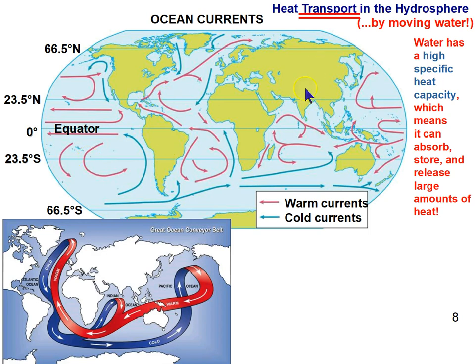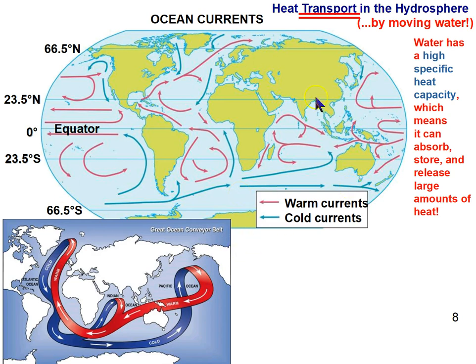And in the case of heat transport around the globe, the water in warm regions, like along the equator, can absorb a lot of heat energy, and then as it flows through currents, it transports that heat energy and then releases that heat energy slowly into regions away from the equator.